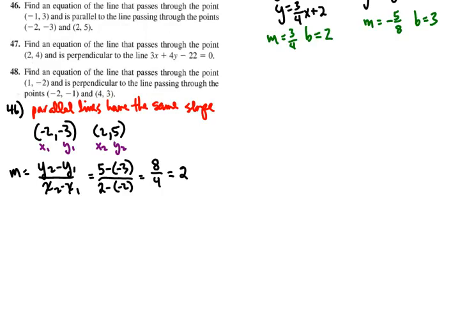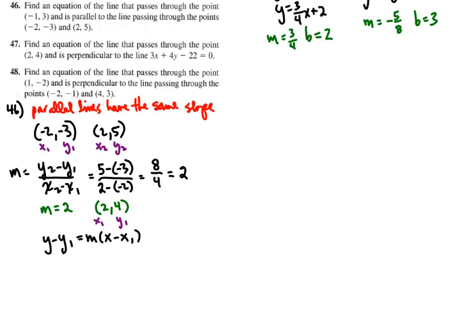And that means that the slope of the line we're trying to create also has to have a slope of 2. And we want this new line to pass through the point 2, 4. And so now we have a slope and we have a point, and we're going to use the point slope form.